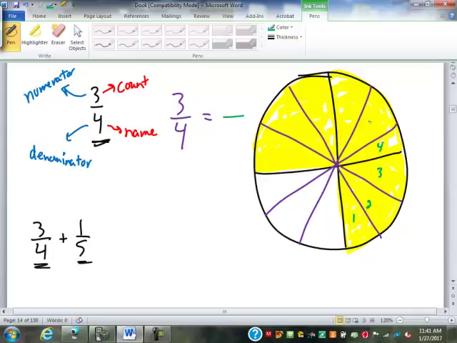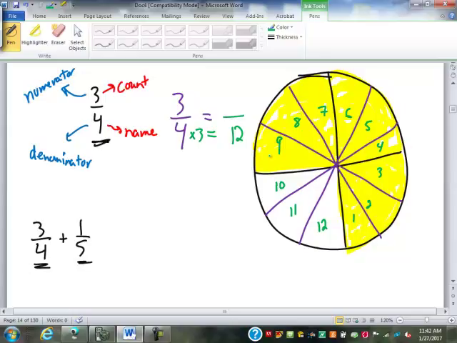How many are there? 12, perfect. There were 4. Each of them got cut into 3 pieces, so now there's 4 times 3 or 12.